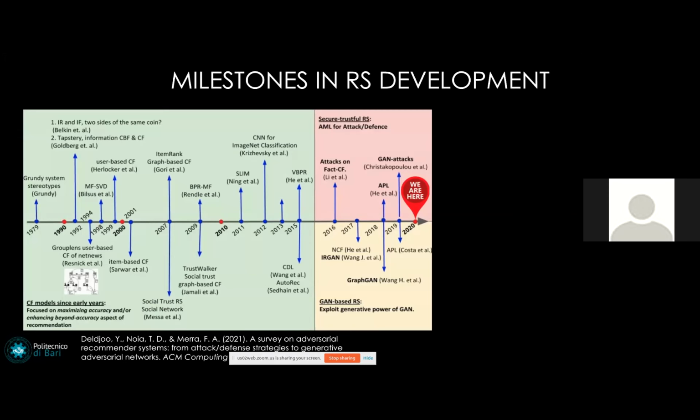We can identify two main eras, represented with different colors: recommender systems using classical machine learning techniques, the one on the left, and recommender systems using an adversarial machine learning paradigm, colored yellow and purple on the right, where these approaches started emerging in the RecSys community after 2016, and they're still going on. Of course, both trends are still emerging, but the starting point of adversarial machine learning was around 2016 and 2017.